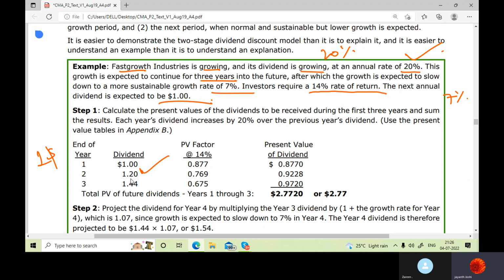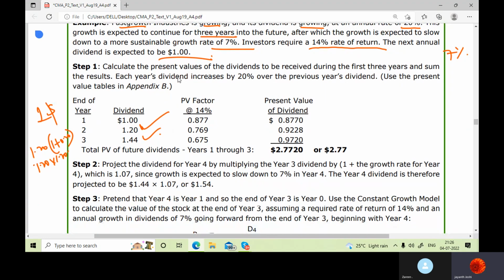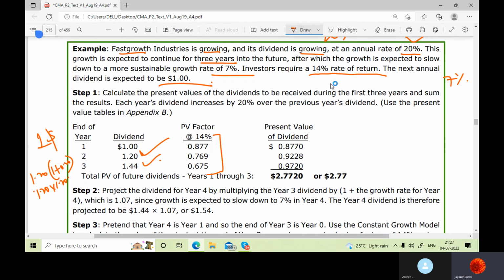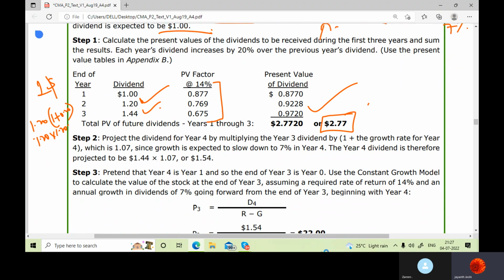Again it grows by 20%, so 1.20 into 1.20, which is 1.44. Then discount at 14%, because the required rate of return is 14%. You get the present value of the future dividends from years 1 to 3, as of today.